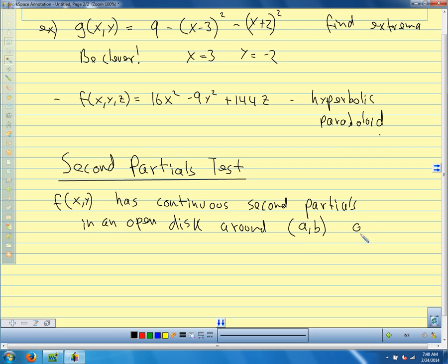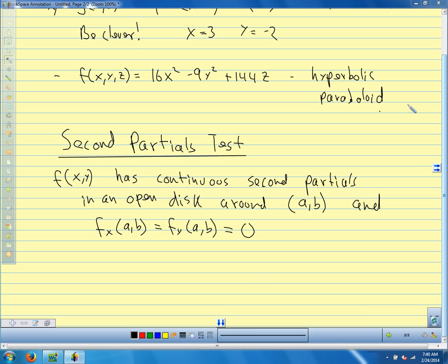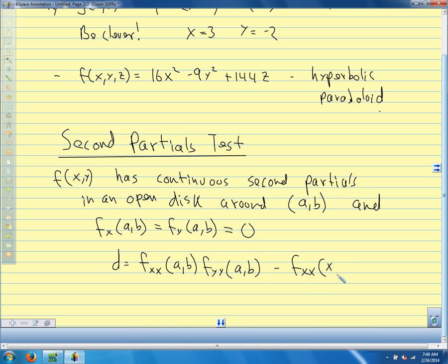And we have our first partials at this point (a, b) equal to 0. So we have a critical point. We want to decide, is it a maximum, a minimum, or a saddle point? So we're going to let D, which we call our discriminant, be f sub xx at this point times f sub yy at that point, minus f sub xy at this point squared.